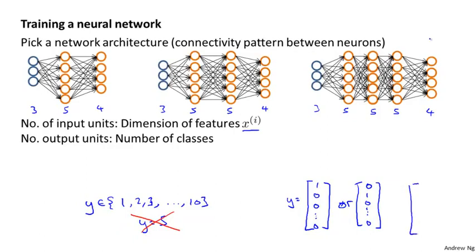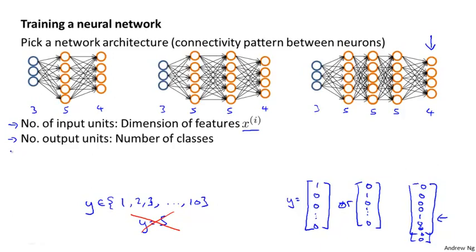Instead, at the output layer, which would have 10 output units, you would feed it the vector with a 1 in the 5th position, and then a bunch of zeros. So the choice of number of input units and number of output units is reasonably straightforward.